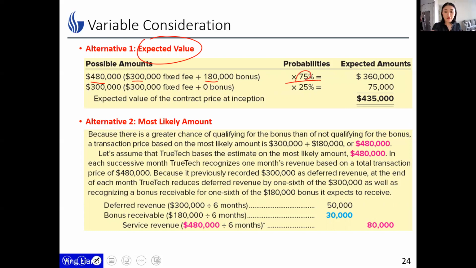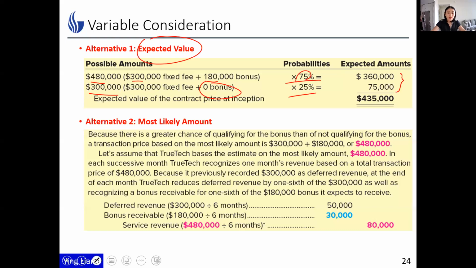There is also the remaining 25%, where I will have no bonus and only the $300,000 fixed amount paid upfront. Multiplied by 25%, that gives an expected amount of $75,000. I add these 2 up and get a weighted average of $435,000. I can put that into revenue as 435. That will be my expected revenue.